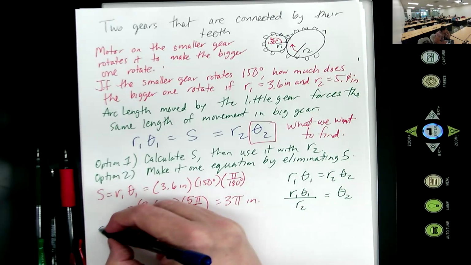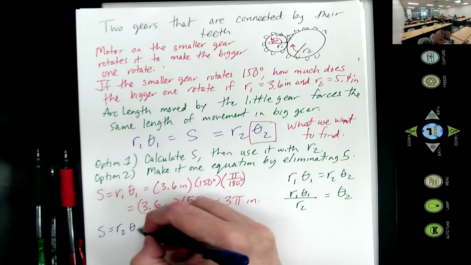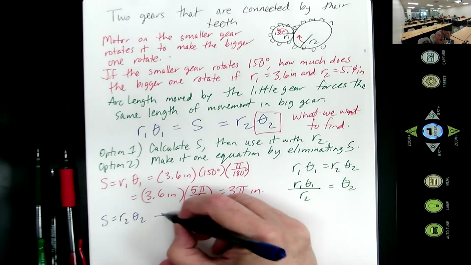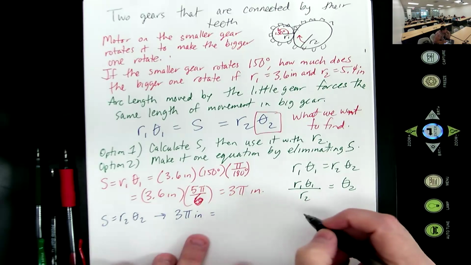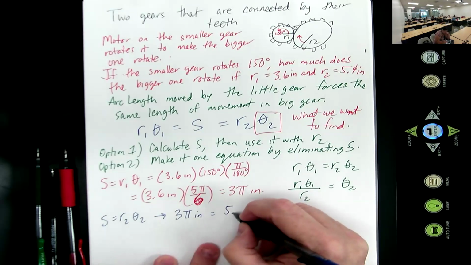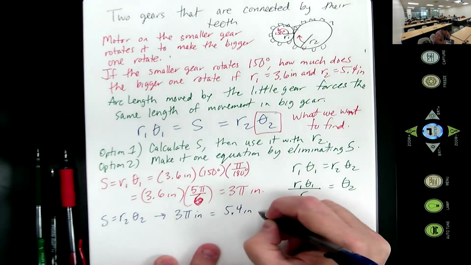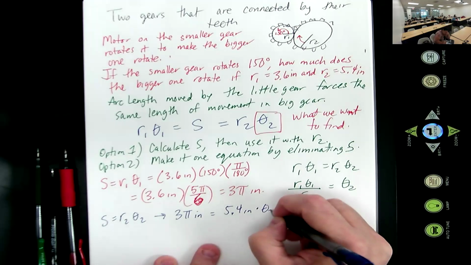S has to equal R2 theta 2. So 3 pi inches equals 5.4 inches times theta 2.